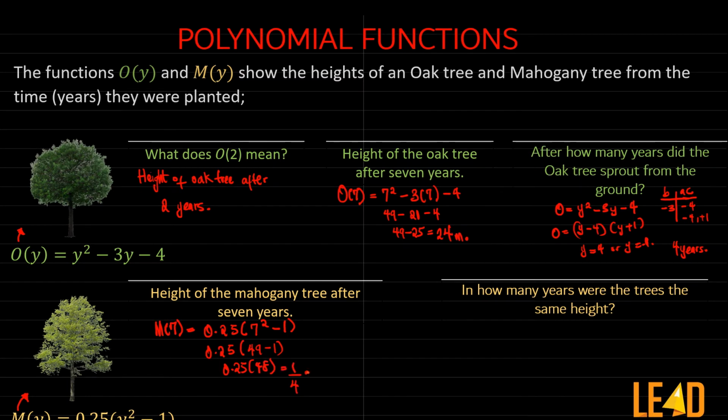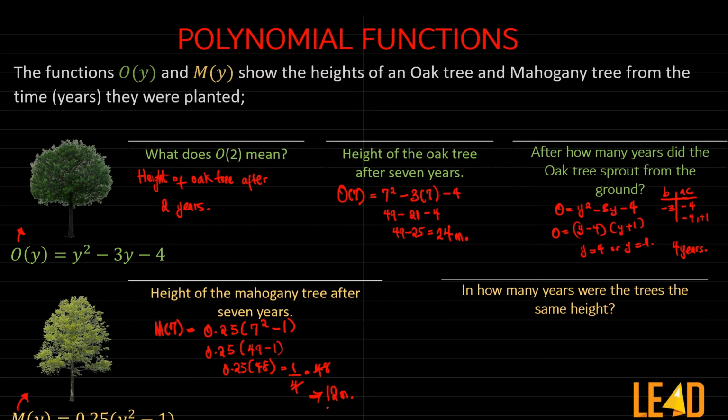So that's 1 over 4 by 48, which gives you about 12 meters. About 12 meters. So it was 12 meters tall after 7 years.